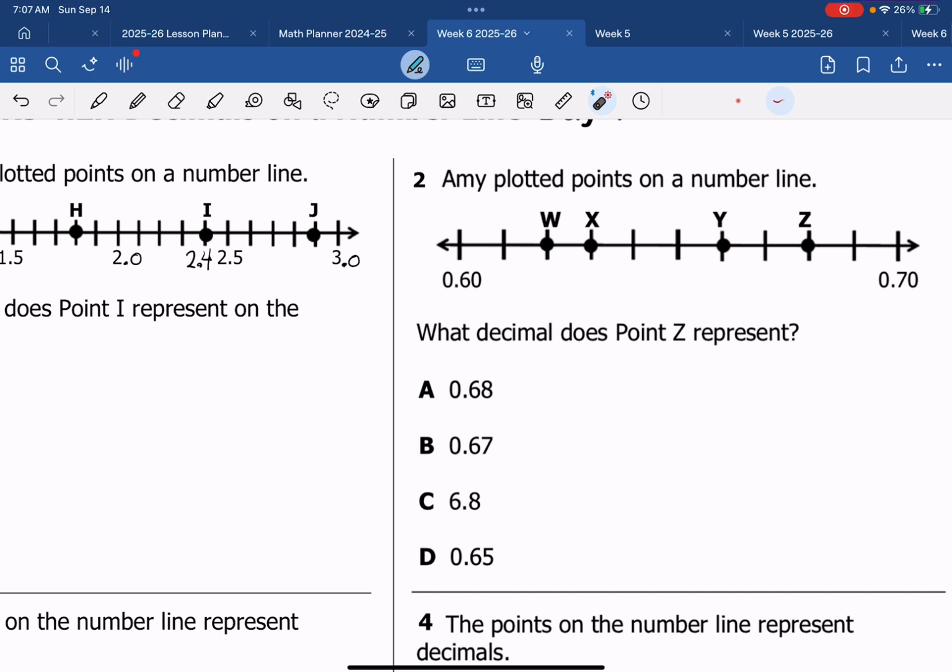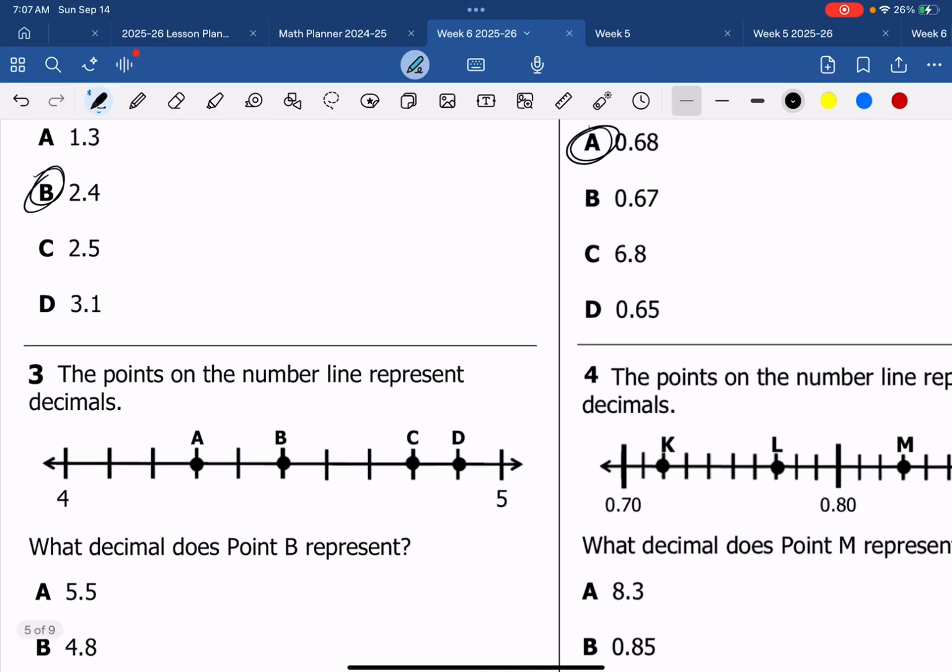Yes. So we know that point Z has to be, let's see, 60, 61, 62, 63, 64, 65, 66, 67, 68. 68 hundredths. Very good.